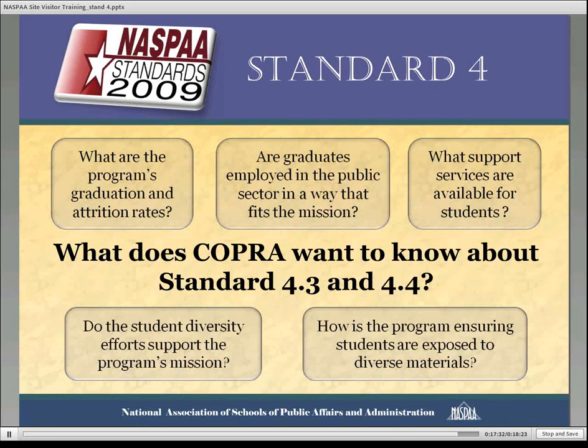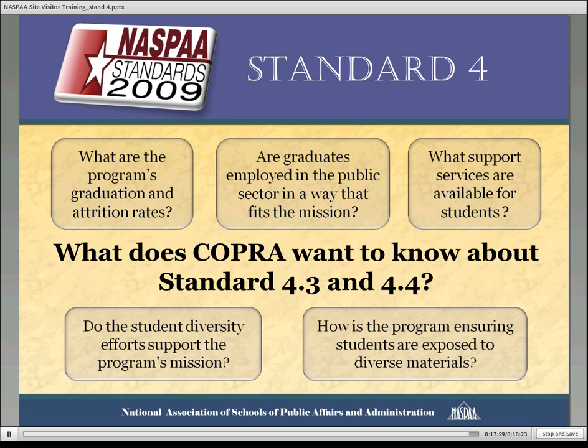And so one of the things that's asked for is how does the program do that? This is part of providing and promoting that climate of inclusiveness that is so essential for students as part of the student services.